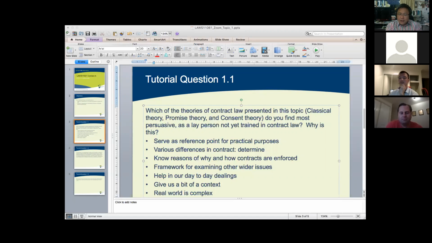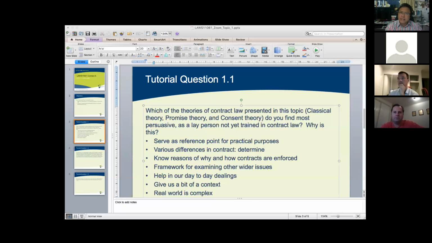That is the underlying assumption of promise theory. If somebody breaches or breaks a promise, there is a remedy that the courts can give, in the form of damages or specific performance, for one of the contracting parties to comply with a promise that he or she has duly made.